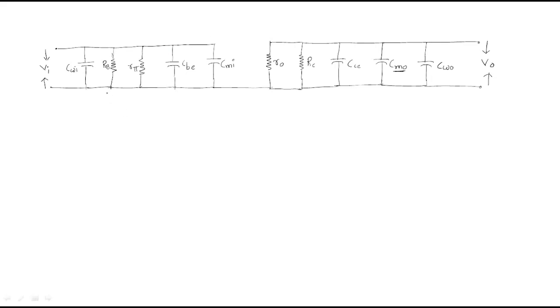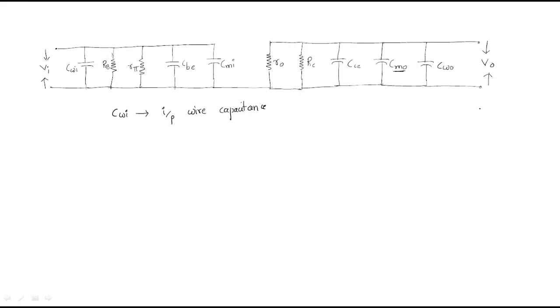CWI equals the input wire capacitance. The input has some connections consisting of wires. So the wire also has some capacitance, that is input wire capacitance.